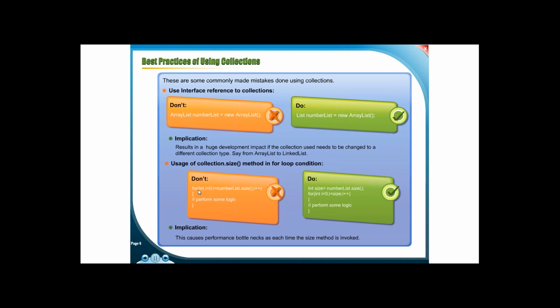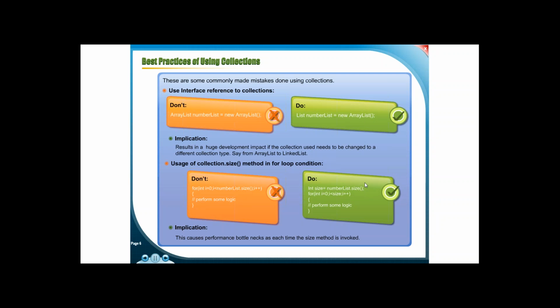And usage of the collection's size method in a for loop. Here the for loop navigates across the collection: for int i equals 0, i less than collection dot size, given right there, then i plus plus and some processing logic. Don't go for such a declaration.